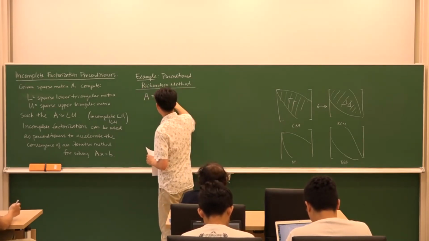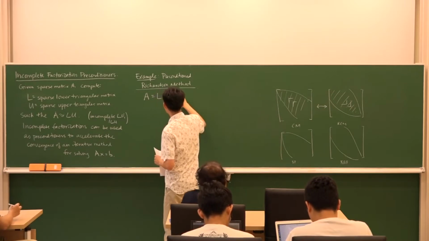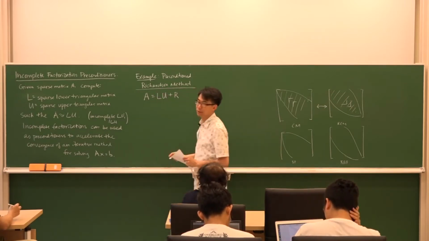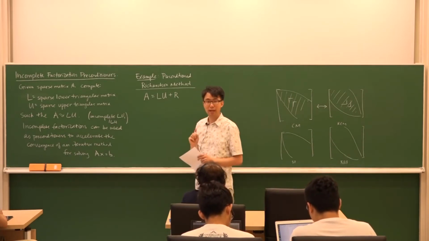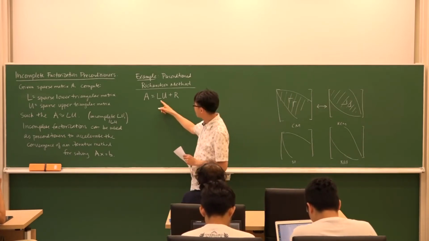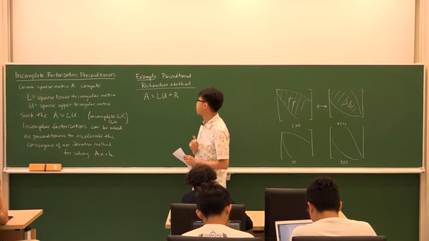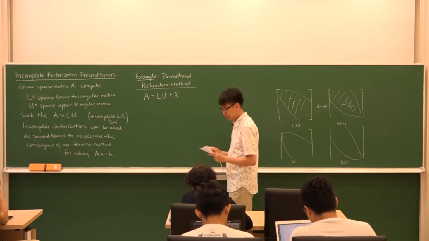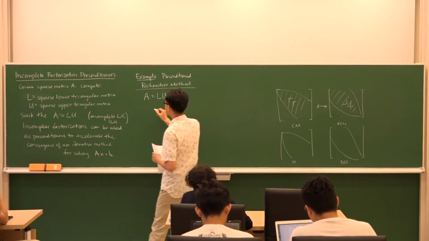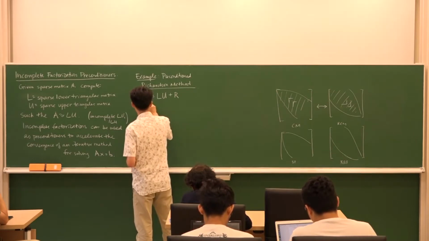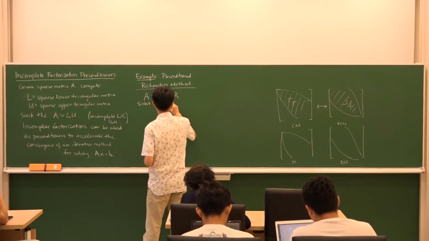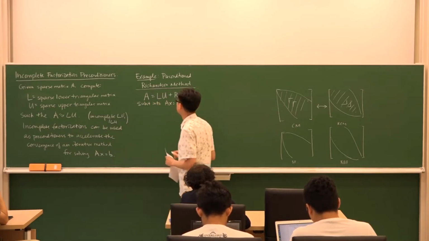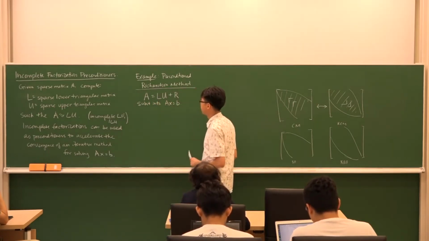So A is L times U plus some kind of remainder R. The remainder is 0 if we have an exact factorization. But because it's an approximate factorization, there's some kind of remainder. And we're going to substitute this into the equation that we're going to try to solve, Ax equals b.